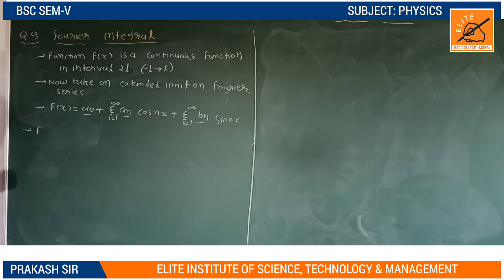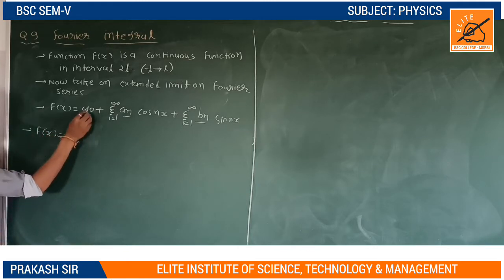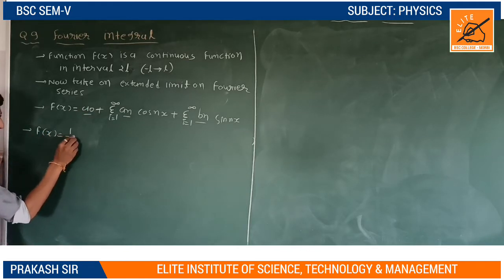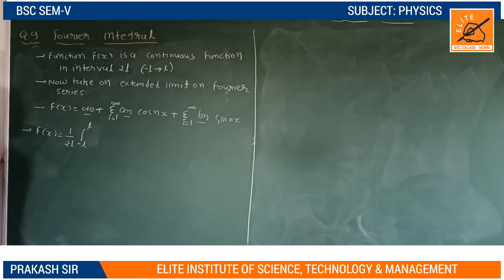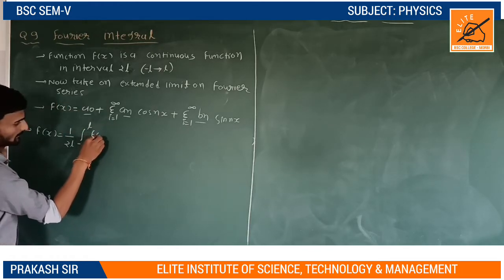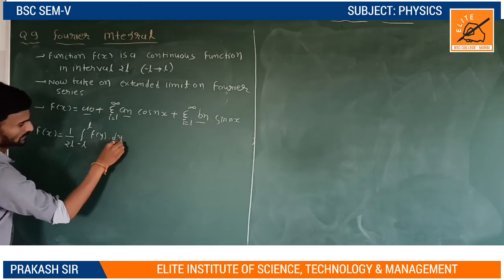So f of x is equal to, the value of a0 is 1 upon 2L integral of minus L to L f of y into dy.